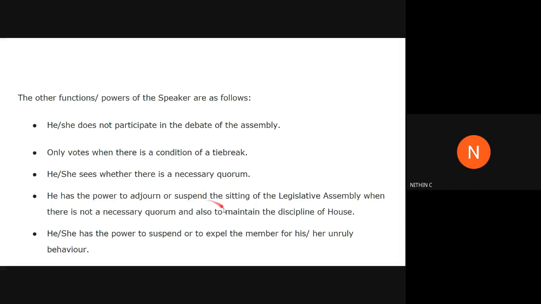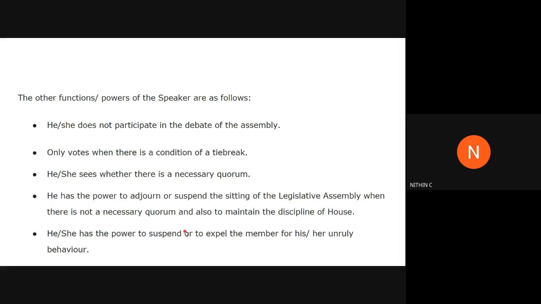Then he has the power to adjourn or suspend the sitting of legislative assembly when there is not a necessary quorum, and also to maintain the discipline of the house. If the necessary number of members is not there, he has the right to suspend the sitting of legislative assembly. She or he has the power to suspend or expel the member for his unruly behavior.